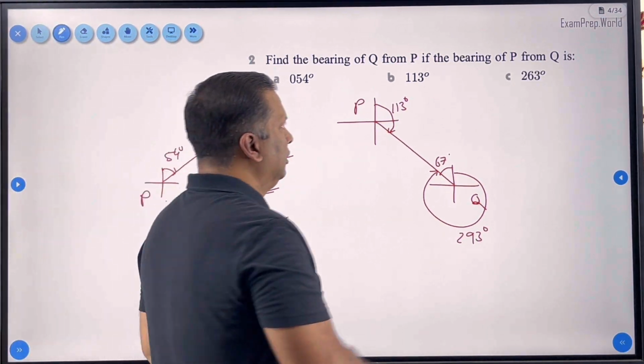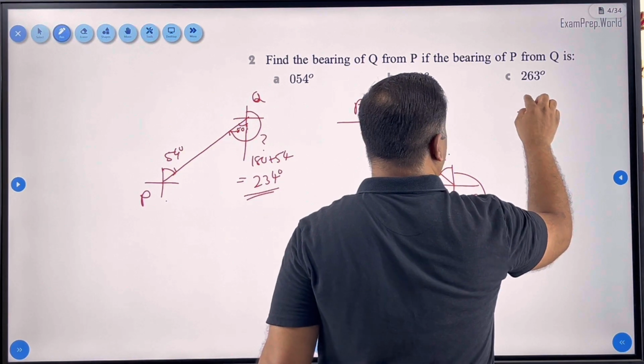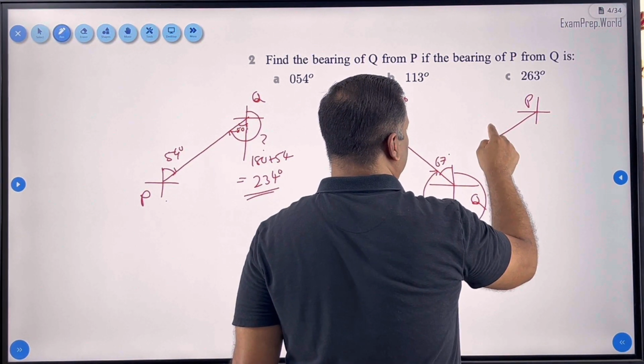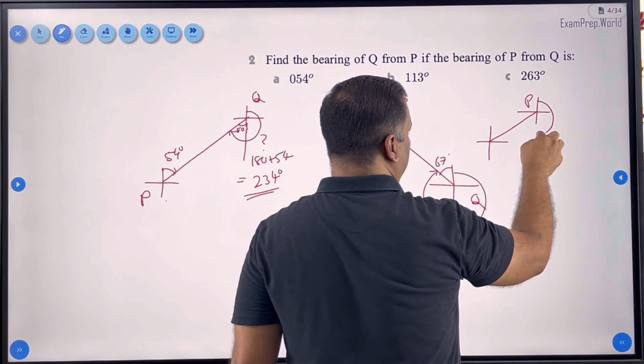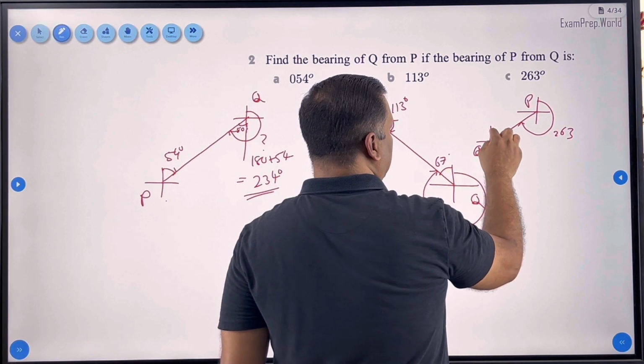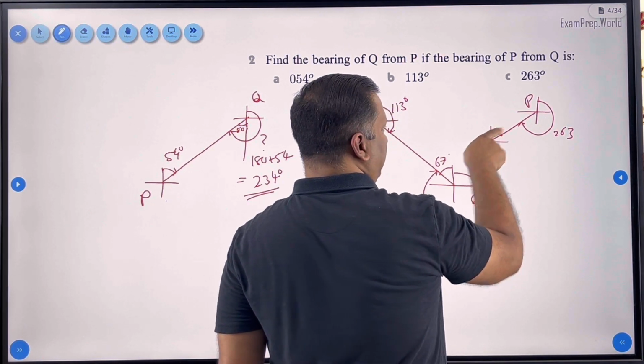263. If P is here and the bearing is 263, 263 should be somewhere here, all the way this way. This is 263. Now this is point Q. Now if you have to go back, so this is the bearing, right?